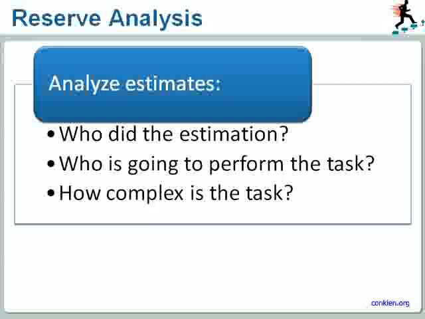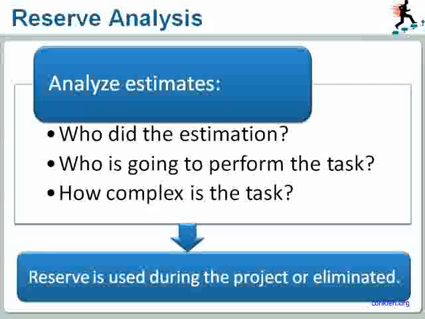Etc. And based on that, I usually put in a percentage of the estimate. Maybe I'll add 10%. Maybe in your company you add fixed hours so that you will add a 2-day reserve to every task that takes 3 weeks. This reserve will either be used up during the project or it will be eliminated.